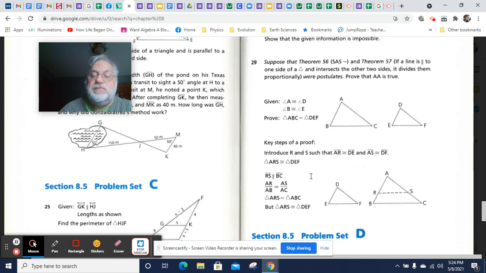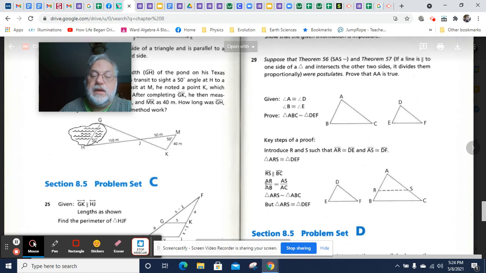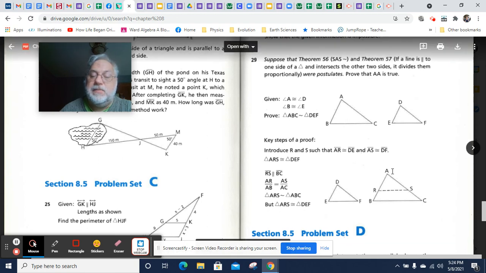Okay, so here's some things from the postulate that is actually a theorem. So RS is going to be parallel to BC. Okay, and AR is to AB as AS is to AC.